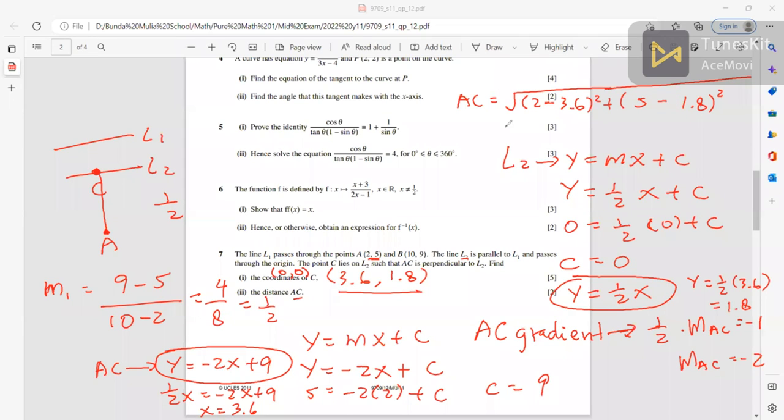So from here, I can get AC equals to 3.58. That is for number 7.